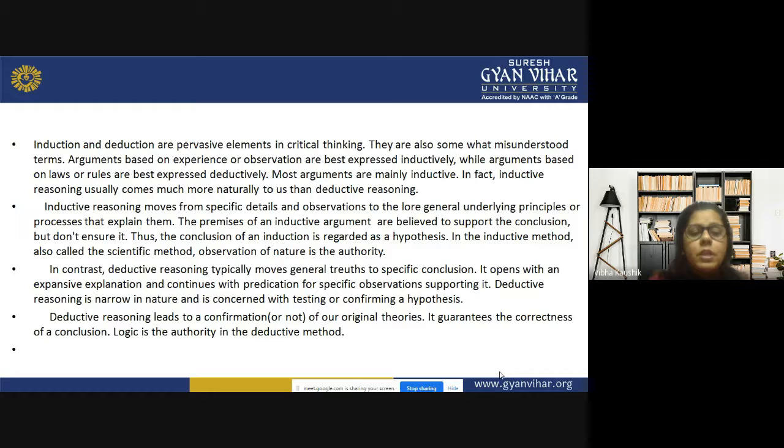Deductive reasoning leads to the confirmation of our original theories, whether they have to be confirmed or not. It guarantees the correctness of the conclusion. Logic is the authority in the deductive method.